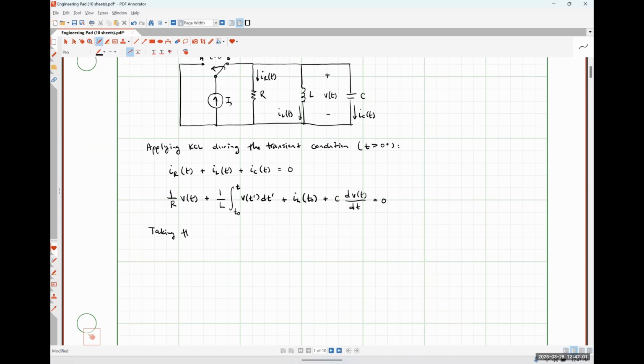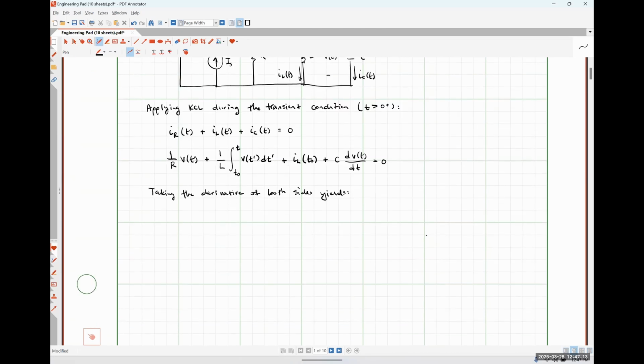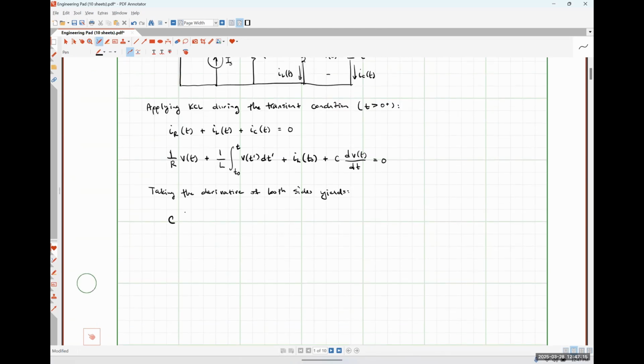So if I take the derivative of both sides, that yields C times the second derivative of my voltage with respect to time plus 1 over R times the first derivative of my voltage with respect to time.